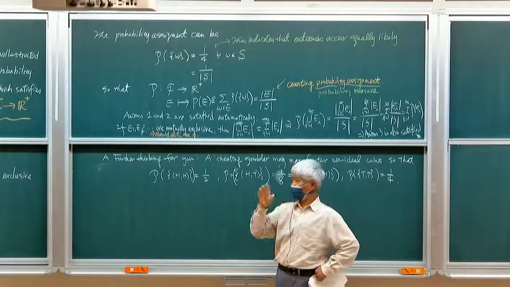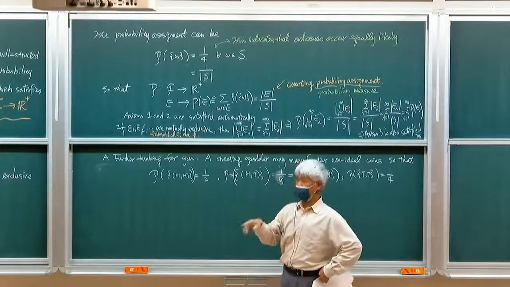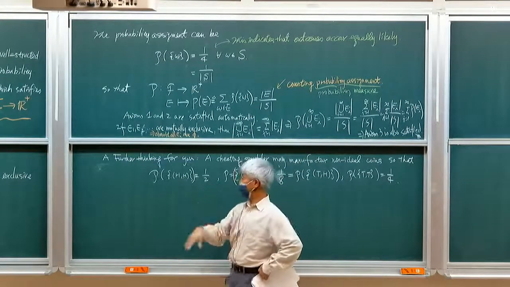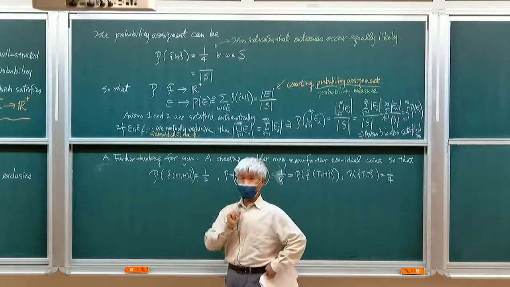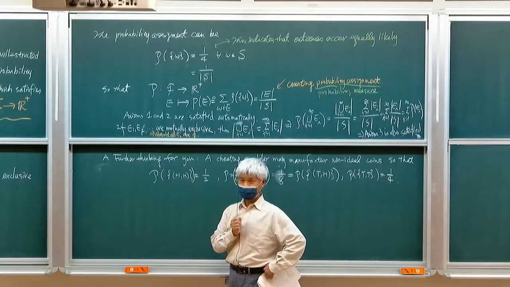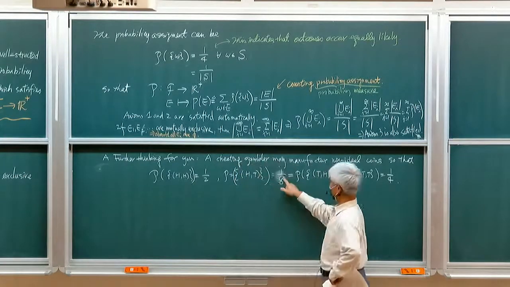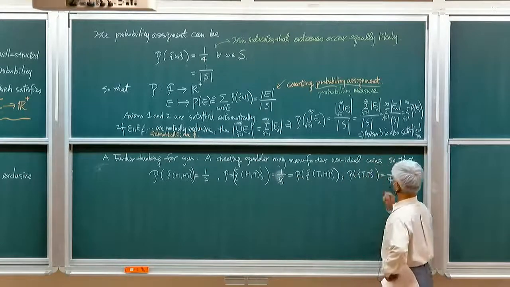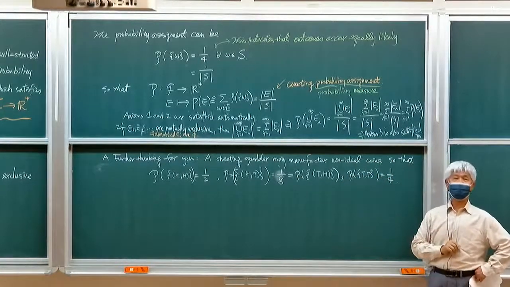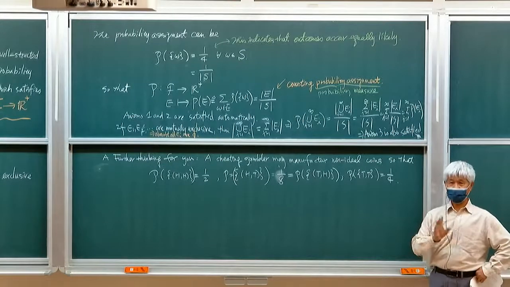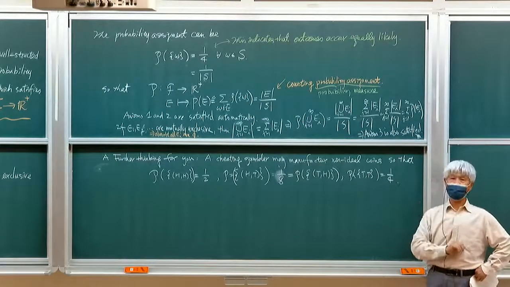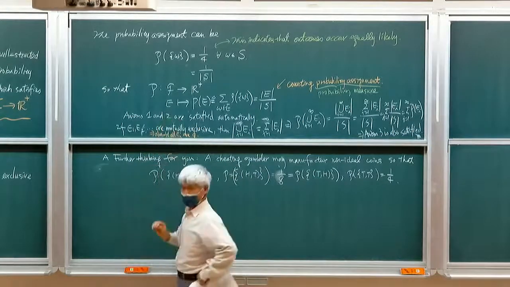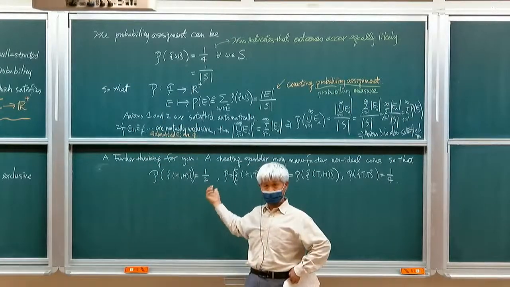The gambler knows that these two coins turn out head with half probability, and for these two possible outcomes it is 1/8, but for this one it's 1/4. So the gambler knows that, but you don't. You may think it's equally likely, but the reality is this one.